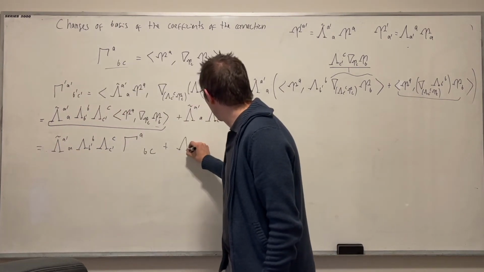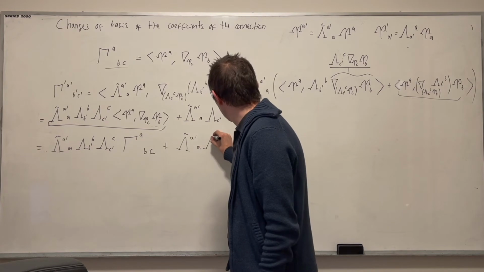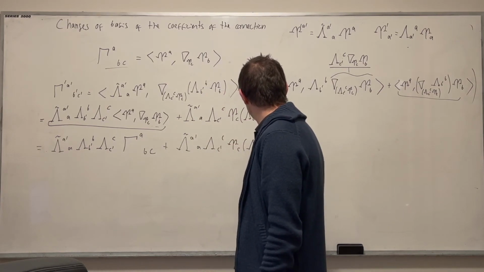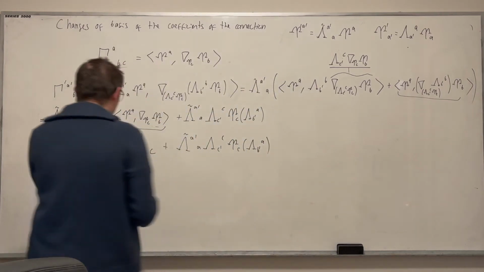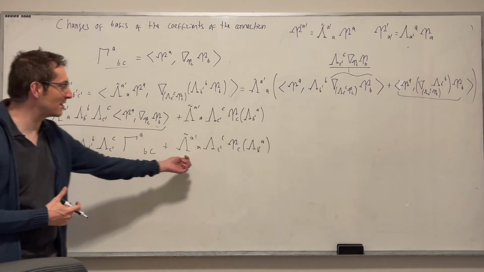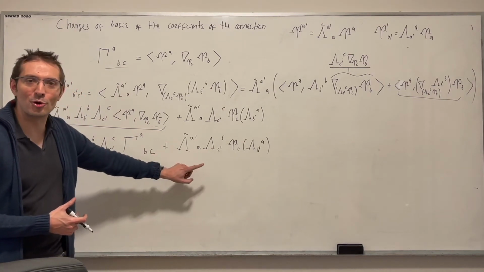Plus lambda tilde a prime a, lambda c prime c, epsilon c lambda b prime a. Now, this part depends on the particular connection that you chose, that's why it has the coefficient of the connection, but this one doesn't. This thing is the same for all connections.